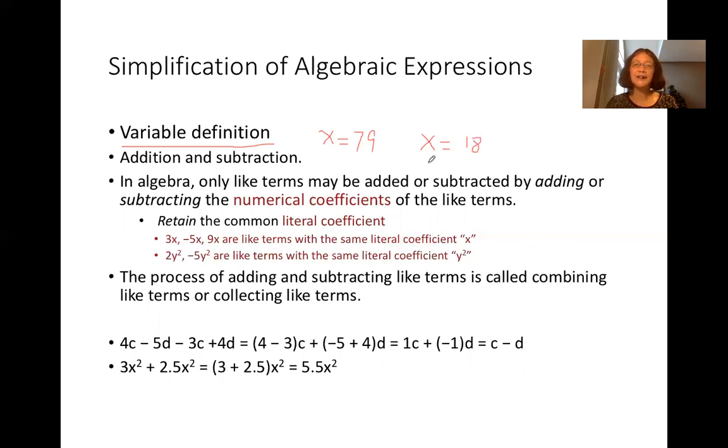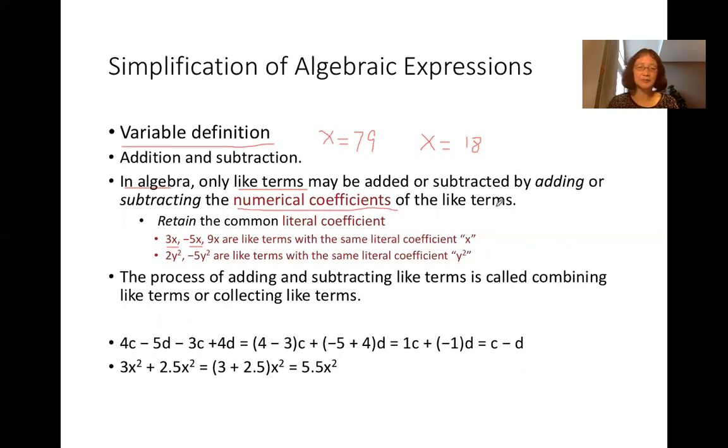When you have these letters or variables, you can have an expression. In algebra, we have the terminology like terms, which means they look similar. For example, 3x, negative 5x, they look similar. They are like terms. If you do addition or subtraction of like terms, you only do the numerical coefficients.